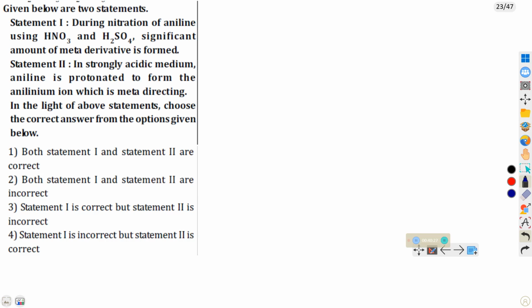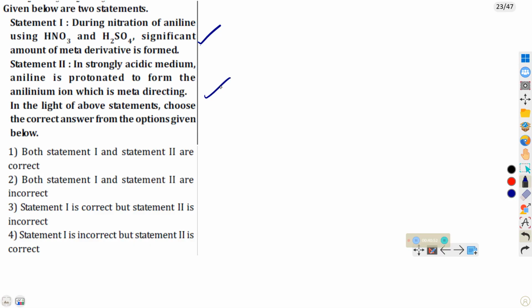During nitration of aniline using HNO3 and H2SO4, a significant amount of meta derivative is formed. This is correct. In strongly acidic medium, aniline is protonated to form the anilinium ion, which is meta directing.